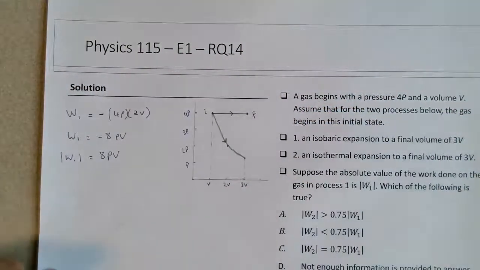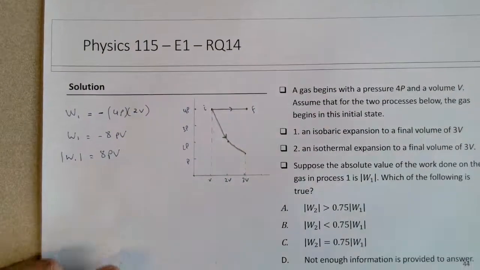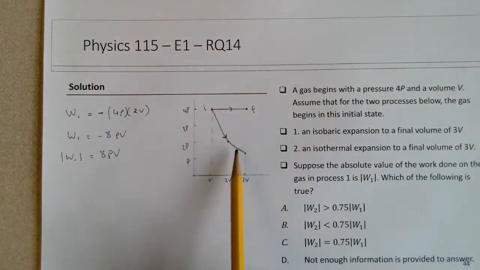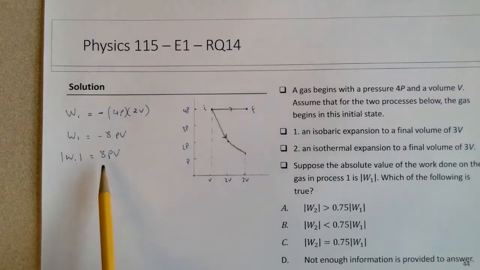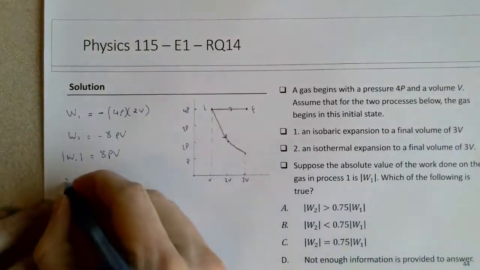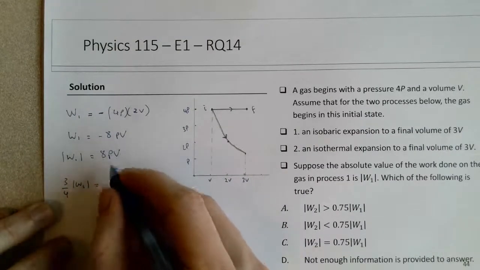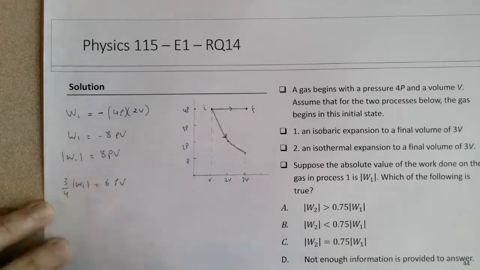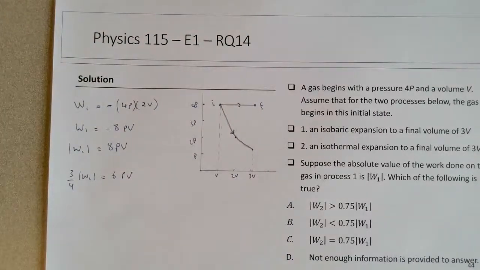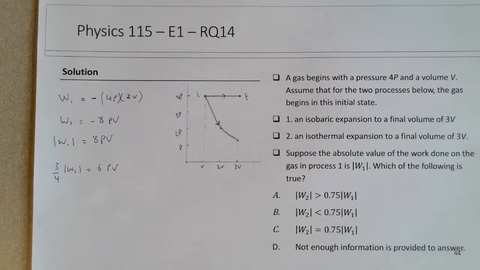What we're asked to do here is to figure out how the area underneath the isotherm compares to 3/4 of this value. So 3/4 of work 1 would be 3/4 of 8, which is 6PV. There is a way to determine the exact area, but it's not typically covered in our textbook.